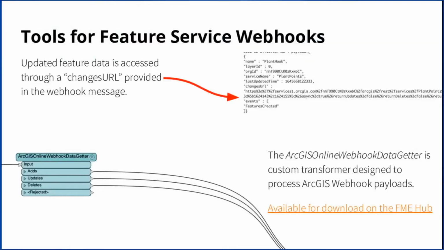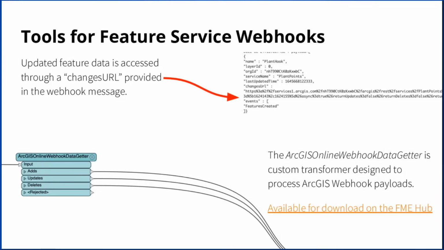And as we mentioned before, webhooks may differ within each platform. So the feature service webhook functions a little bit differently than Survey123. So instead of sending the event information directly inside the webhook message, like we saw in Dan's demo, a feature service webhook message provides a URL. So it ends up being a multi-step process to extract the event data from the webhook message.